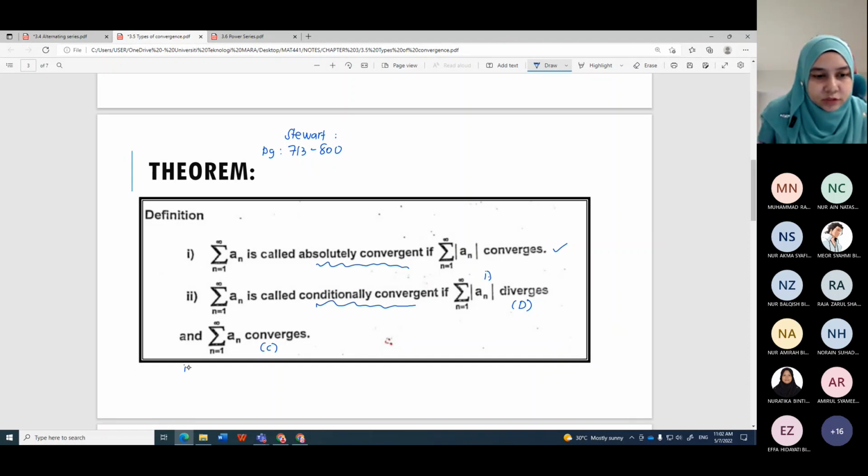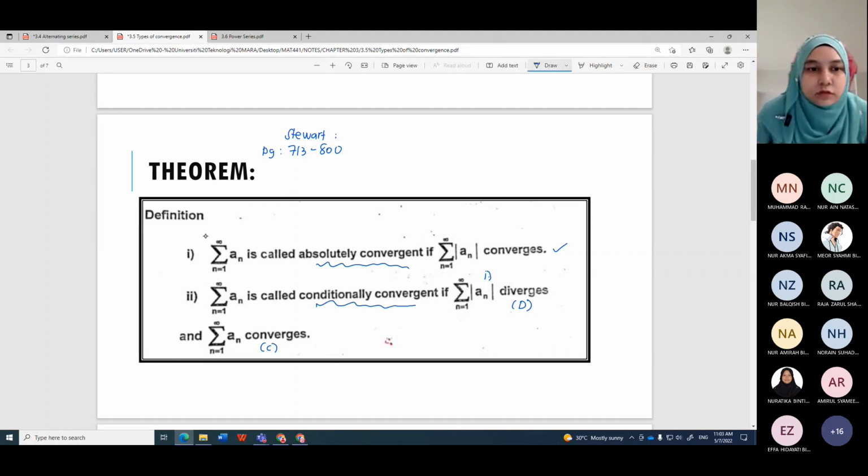Okay, then ni tambah lagi satu third theorem. Okay, dua ni lah.